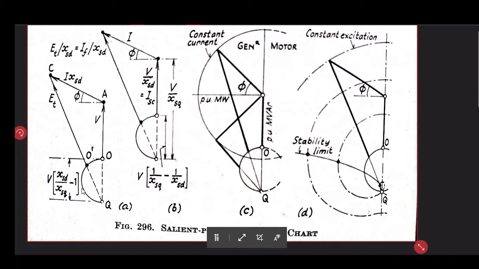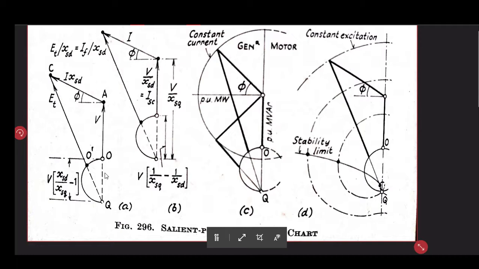If you disregard this saliency, then you can draw this diagram from point Q like a cylindrical formation. But once you consider Xsd is not equal to Xsq, you won't be able to draw it.